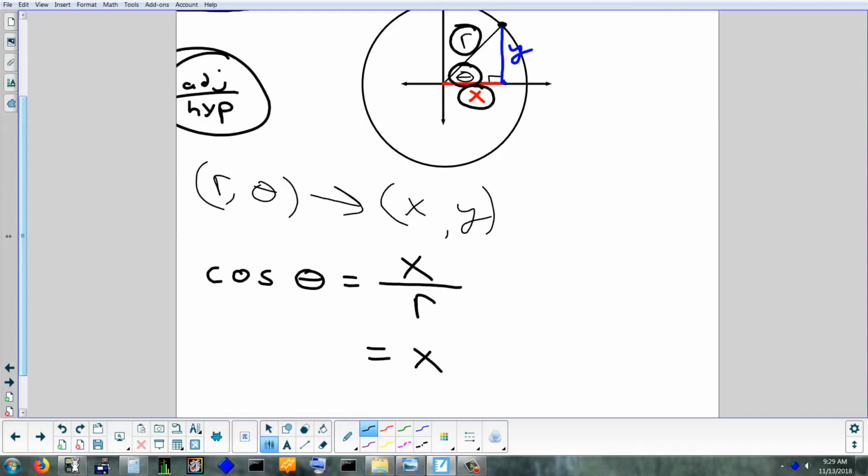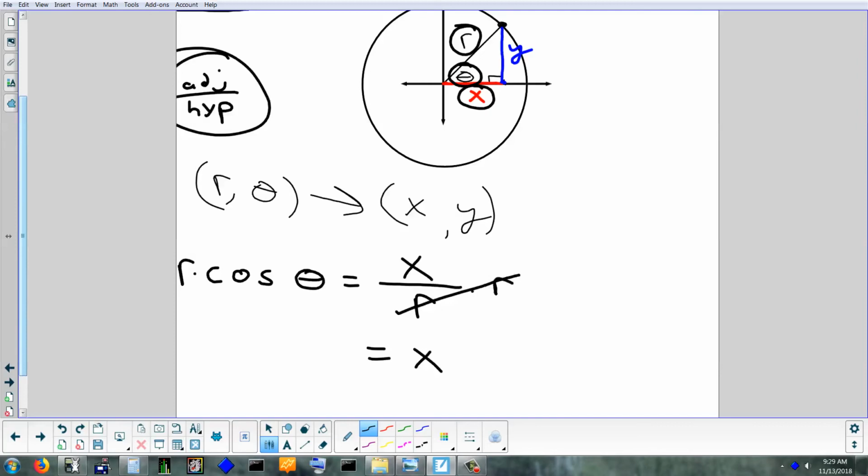So what would I do on each side to get x alone? Yep, Scott? So we have divide by r now. We want to get rid of the dividing by r. Yeah, multiply by r over 1 or even just r. So just multiply both sides by r. You have a divided by r and a times r on the same side. They cancel out.